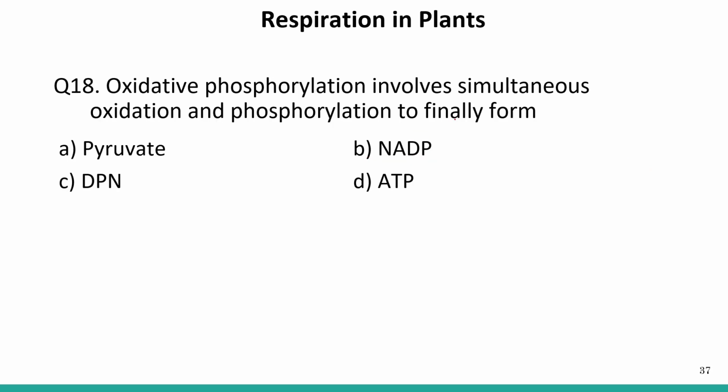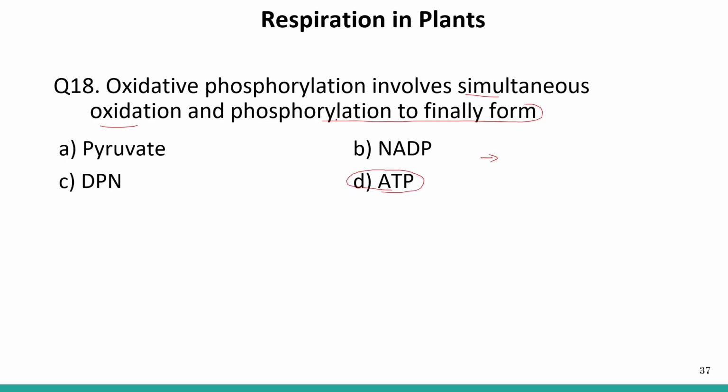Now, the next question: oxidative phosphorylation involves simultaneous oxidation and phosphorylation to finally form what? ATP is generated in the end.